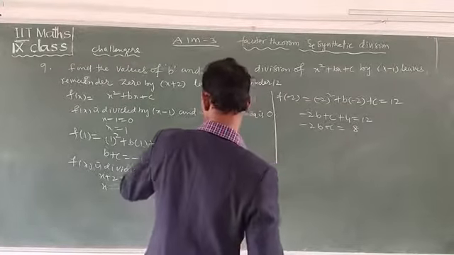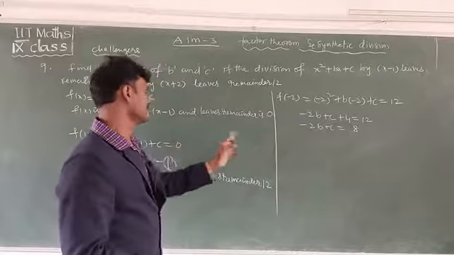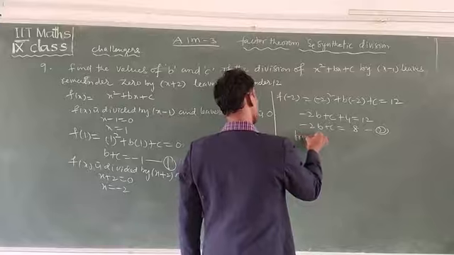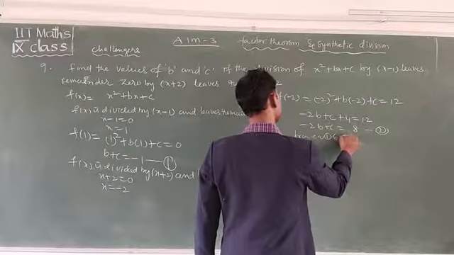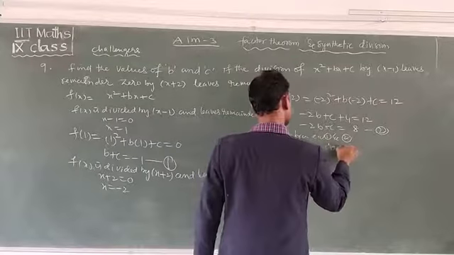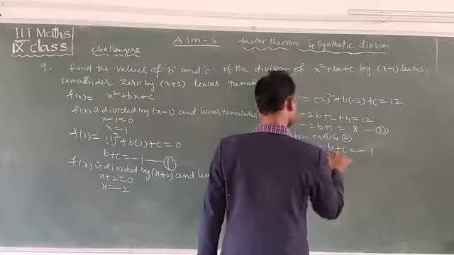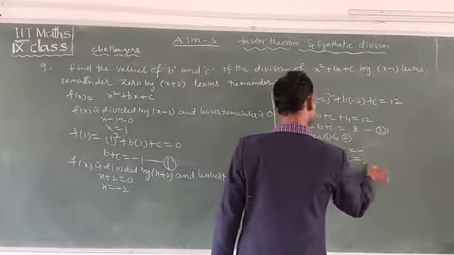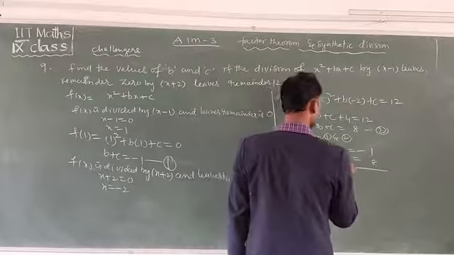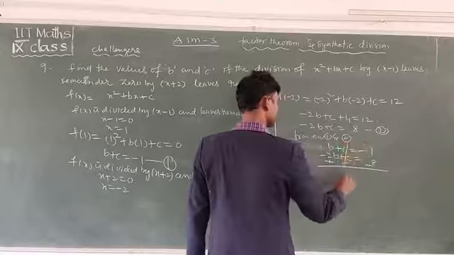Now this is equation 1 and this is equation 2. From equations 1 and 2: b plus c is equal to minus 1, and minus 2b plus c is equal to 8. Now equation 1 minus equation 2. Then this is plus, this is minus, minus. The c's cancel.